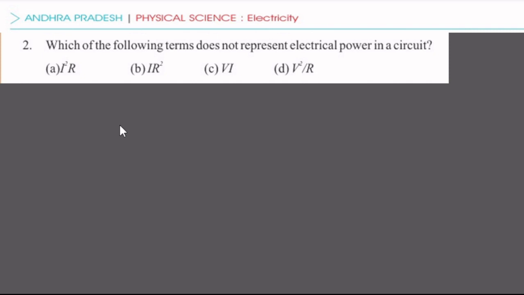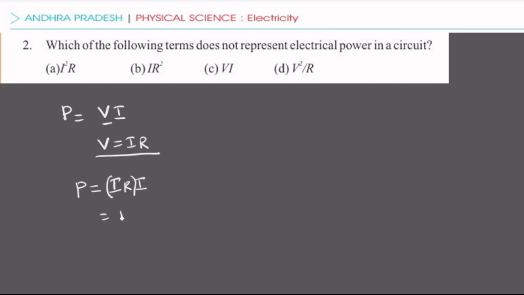Which of the following terms does not represent electrical power in the circuit? So we know power is voltage times current. According to Ohm's law, V is equal to IR. If I substitute this value here, what I get is P is equal to IR into I, as V is equal to IR.